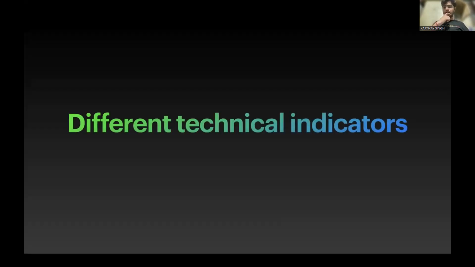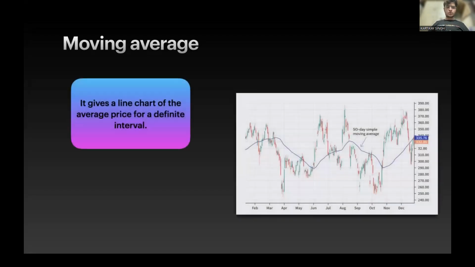So now let's look into different technical indicators or analysis for the stock market or stocks. So moving average is a very simple way of analyzing the stocks. What it does is it gives a line chart for the average price for a definite interval.